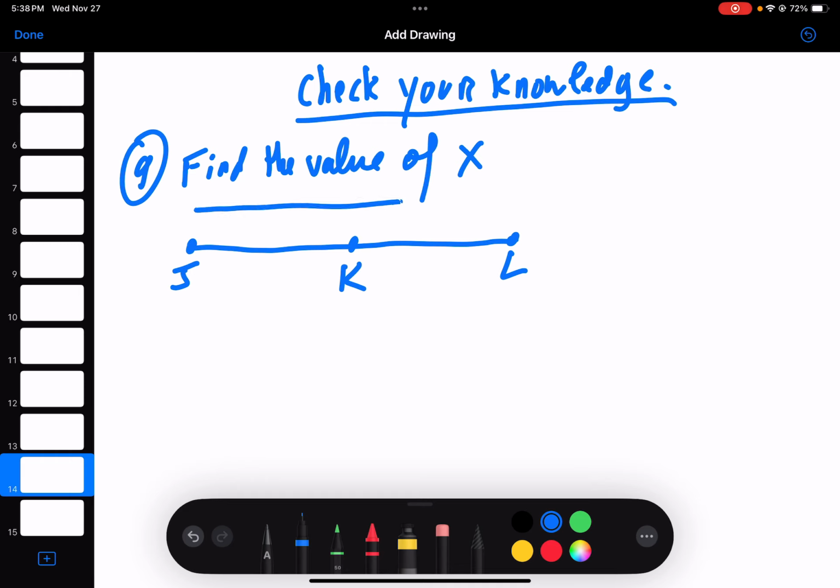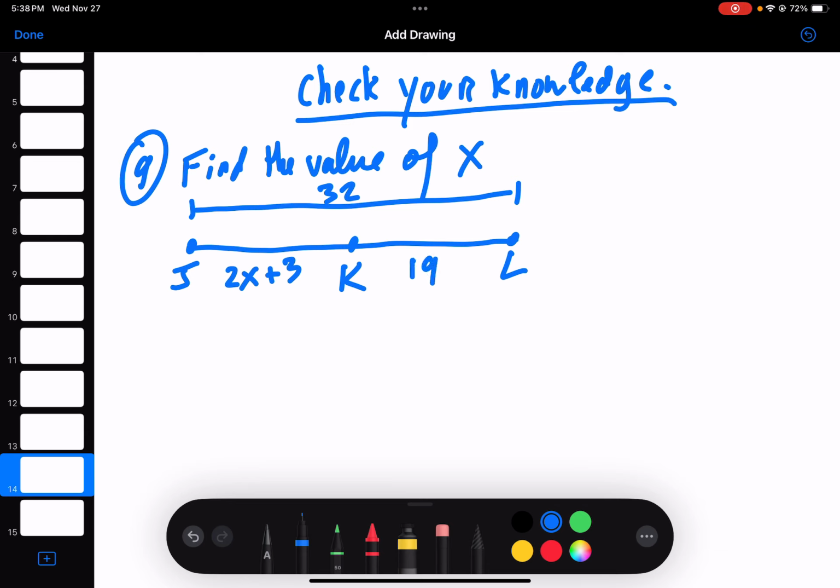The length of JL is 32. And we know that JK is 2x plus 3, and the length KL is 19.